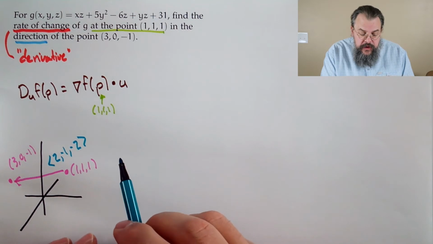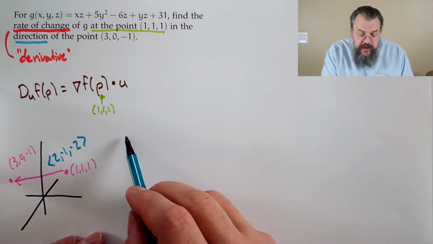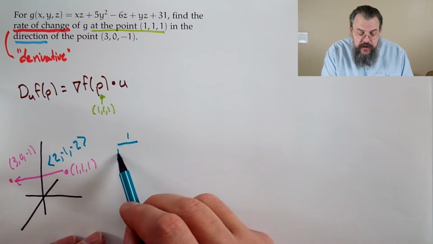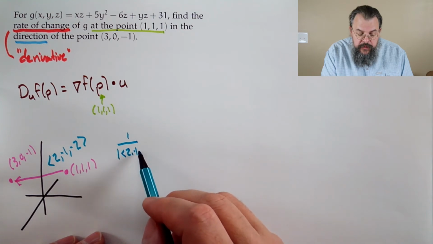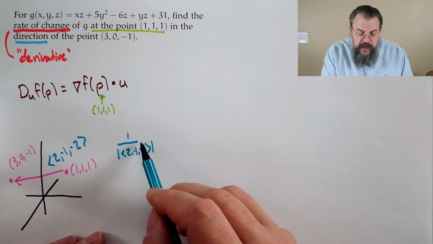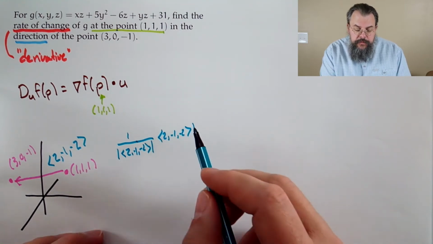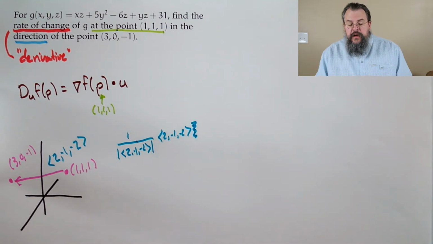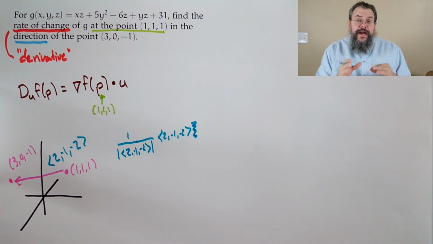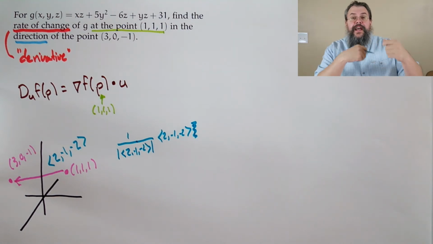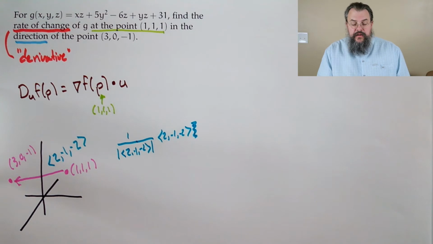No problem. What we do is we're going to take 1 over the magnitude, times the vector 2, minus 1, minus 2. That's how you turn a vector into a unit vector. You scale it by its magnitude.